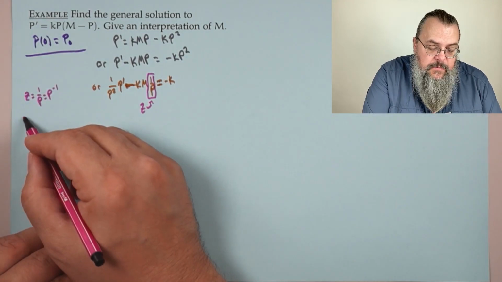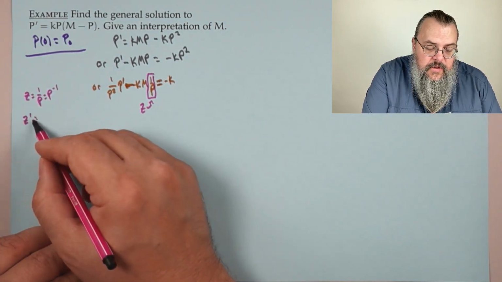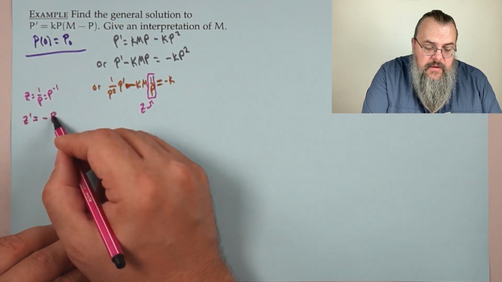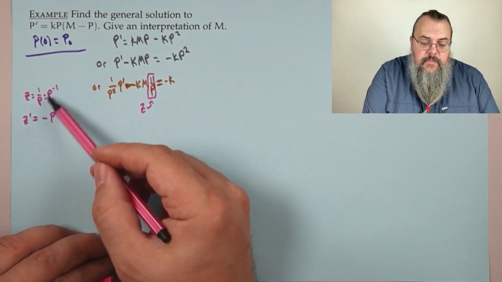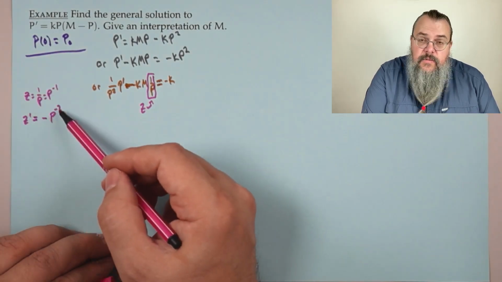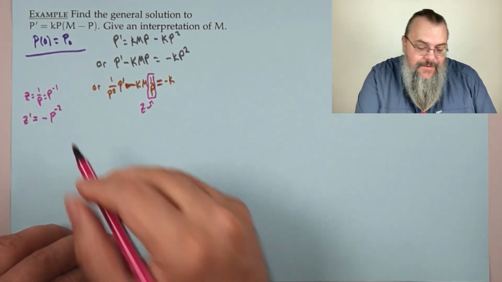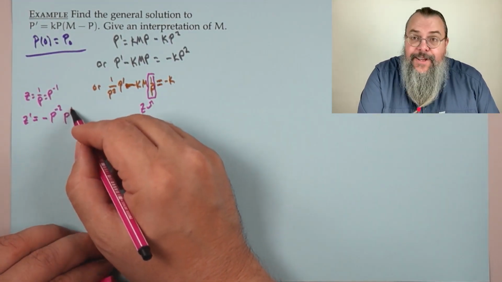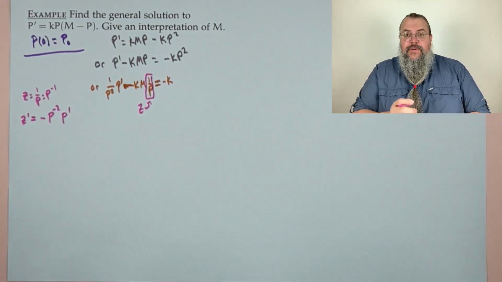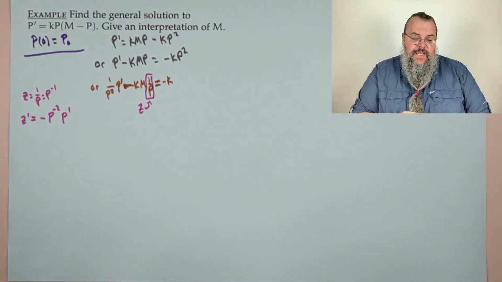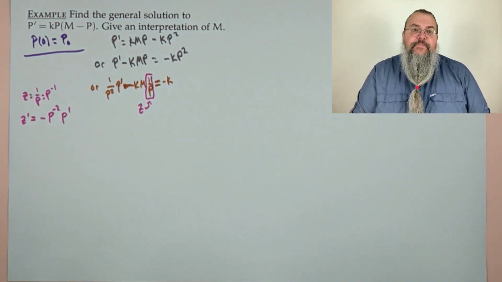Then z prime would be minus p to the minus 2, because you bring the minus 1 down and subtract 1. And don't forget the chain rule, because who would forget the chain rule? Times the derivative of the inside, p prime. That's not p to the 1, that's p prime.